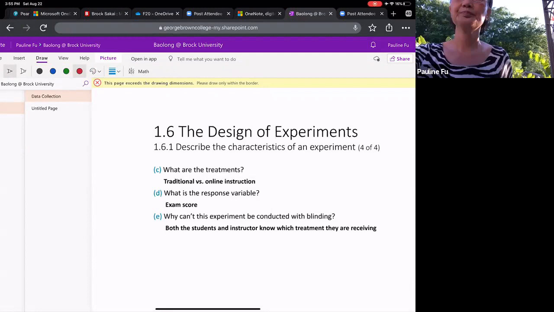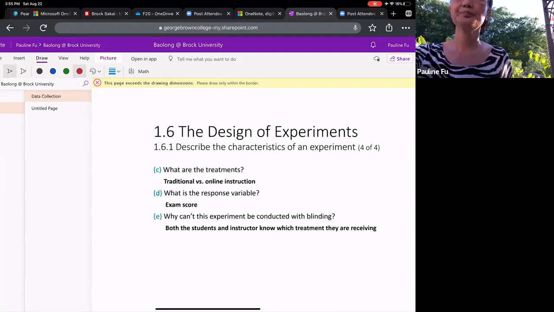The response variable is Y, the Y variable, vertical axis. We want to compare two groups of students. One is taking online class instruction, the other is taking traditional. We want to see if the average mark for those two groups of students is different or the same. So the final exam mark is the response variable.